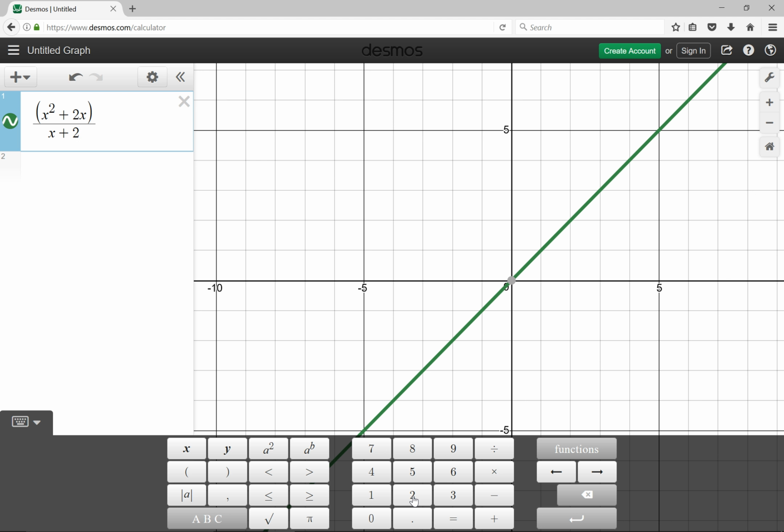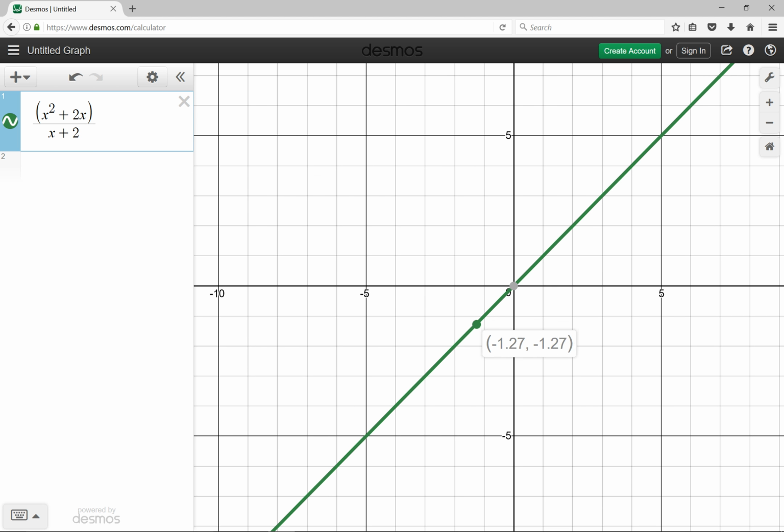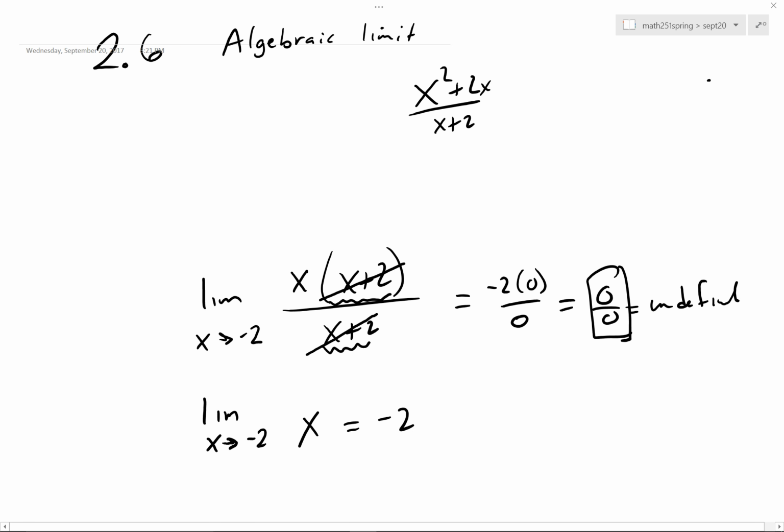And so if you trace along this line, you can see at any value of x, there's a y, until you get to here. It's a hole. And yet it's clear to anybody that as you come toward x equals -2 from either direction, it sure looks like the y value should be -2. And that is what we get when we simplify the problem.